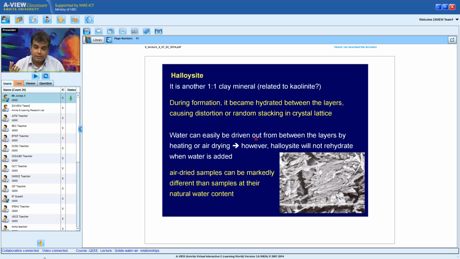In other words, if I ask you to do a liquid limit test or plastic limit test on this halloysite clay, I would not recommend you to put the sample in the oven or air dry it. I would have to use the natural water content to do the test. Otherwise, the results would be quite different.